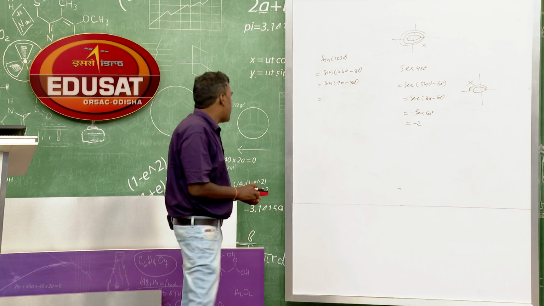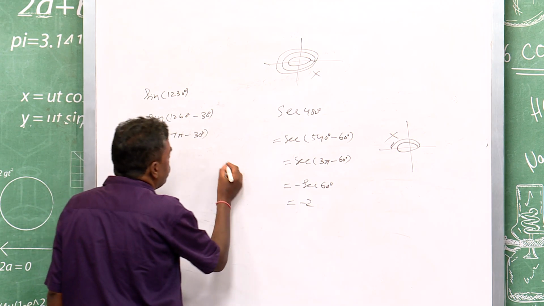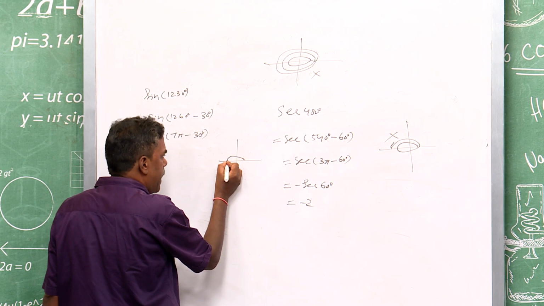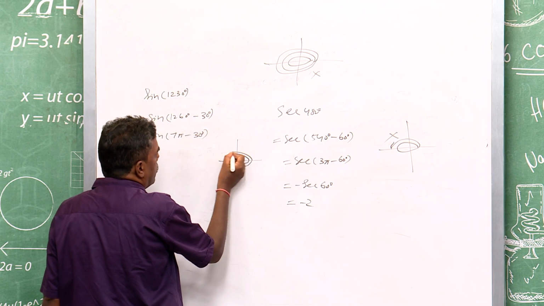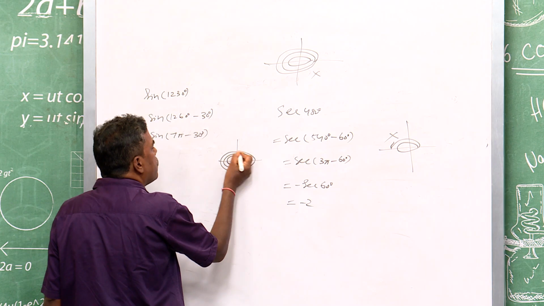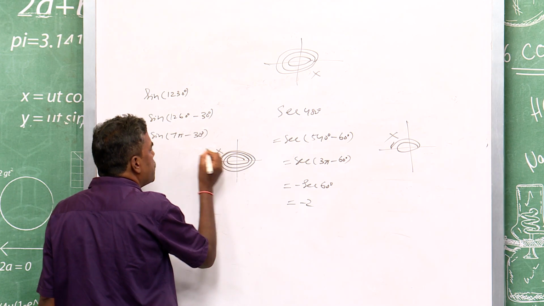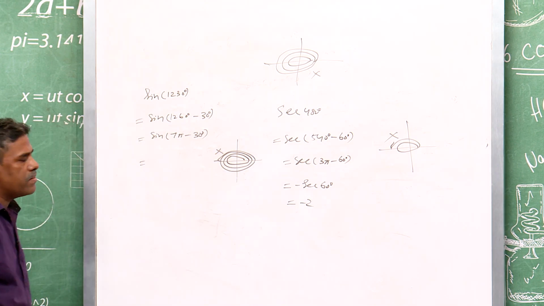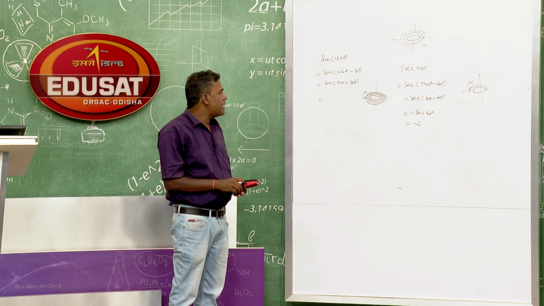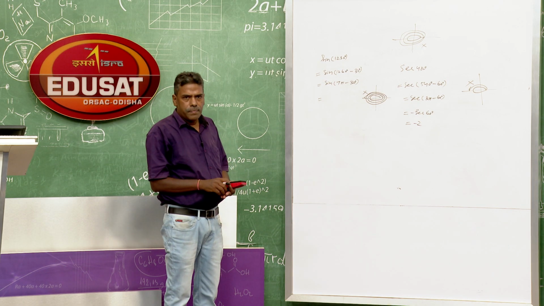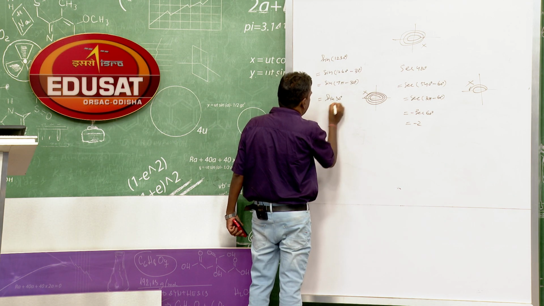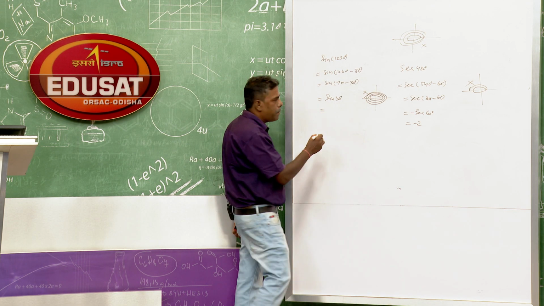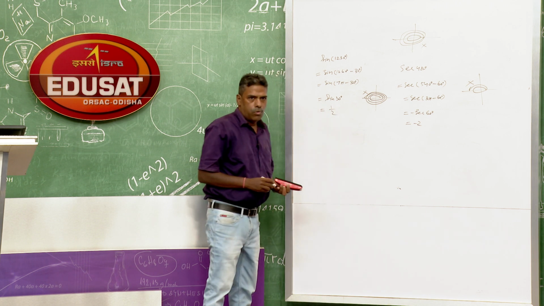Or you can find it like this: 7π − θ is in quadrant 2, where sine is positive. So, that is equal to sin 30°, and sin 30° is equal to 1/2. Okay. Thank you.